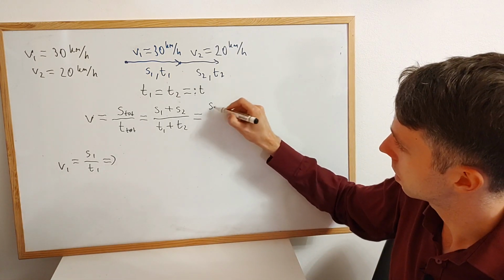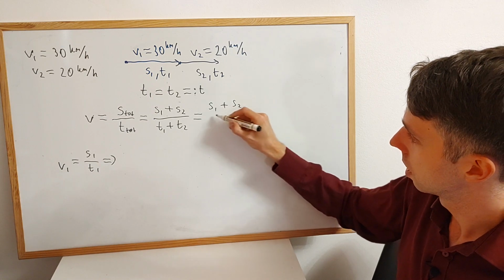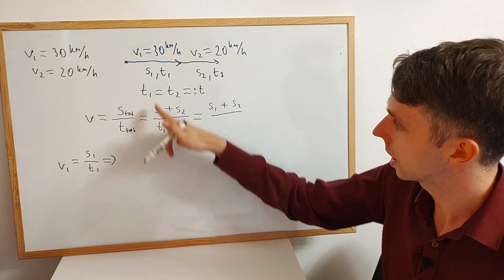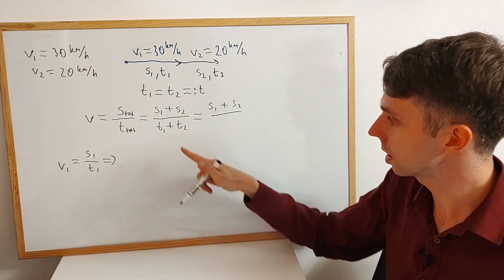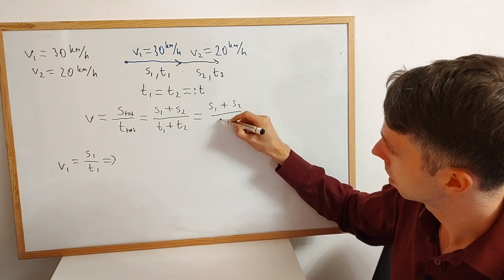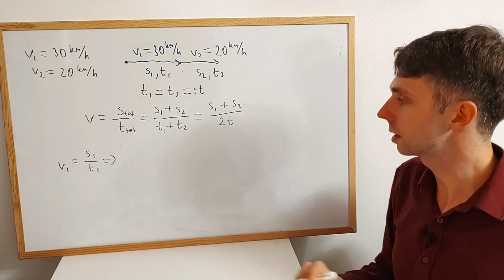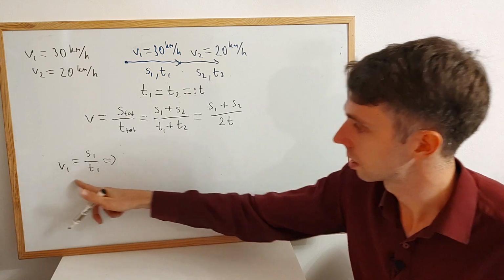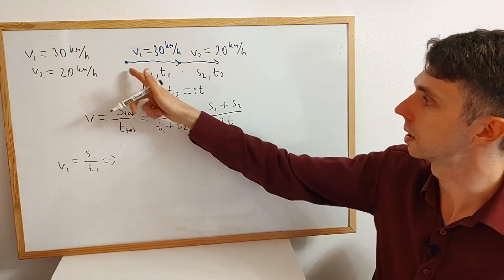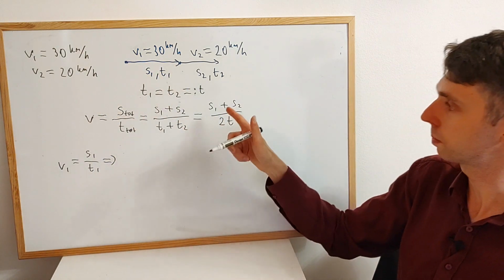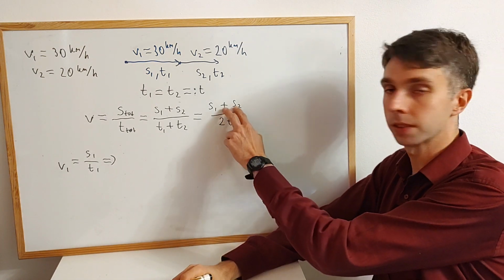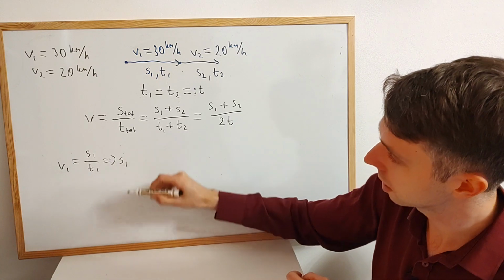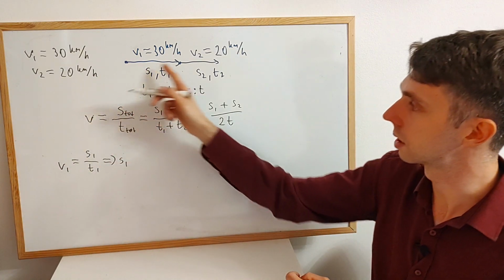Now s1 plus s2, we can do nothing for now, and t1 is t, t2 is t, so t plus t is 2t. And again, we need to use the equation for speed from the first part and second part to get rid of some unknowns. But now I will calculate the distance of each part.